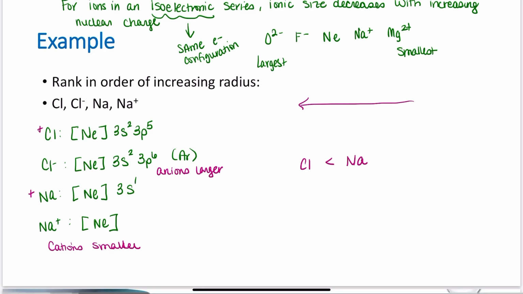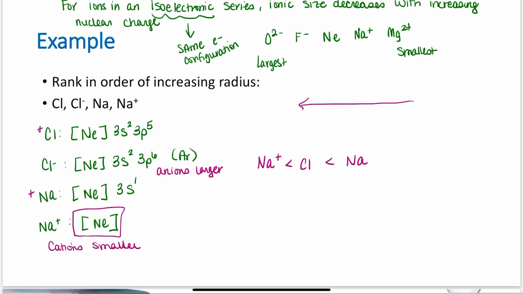Well, if I look at the electron configuration of sodium plus, it has the equivalency of just neon. Neon is in a lower energy level than the chlorine atom. Since sodium was able to get rid of that one electron in its outer shell, sodium plus will have a smaller radius.